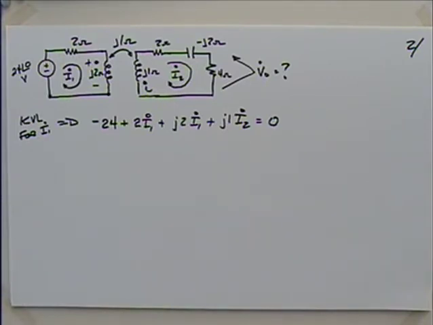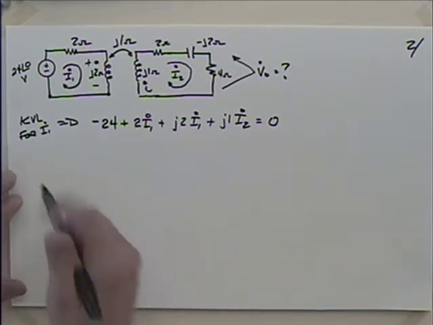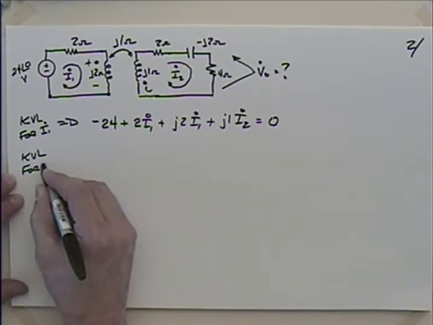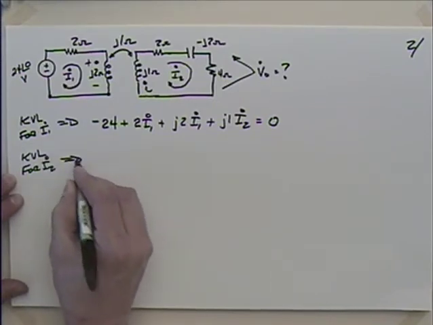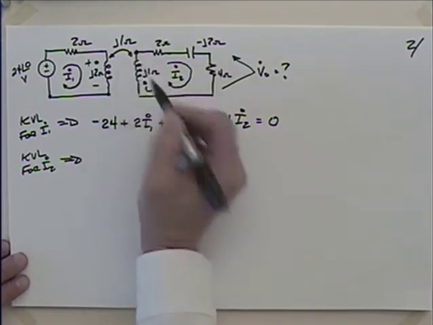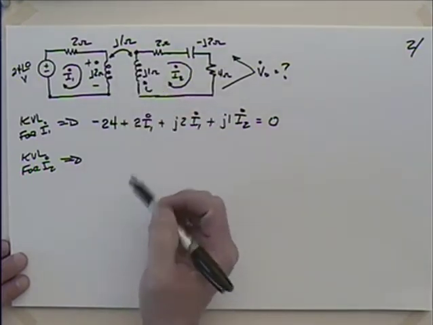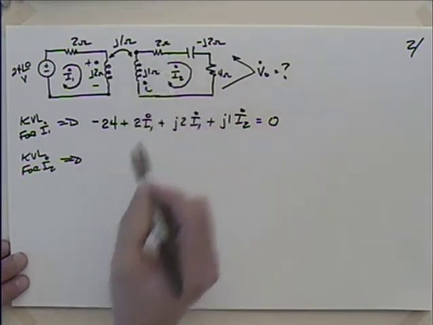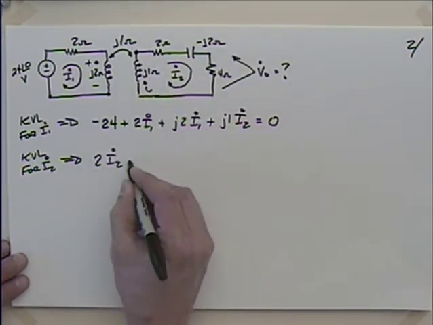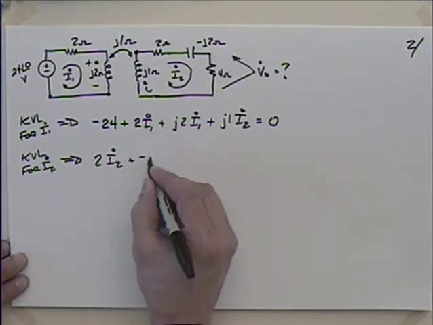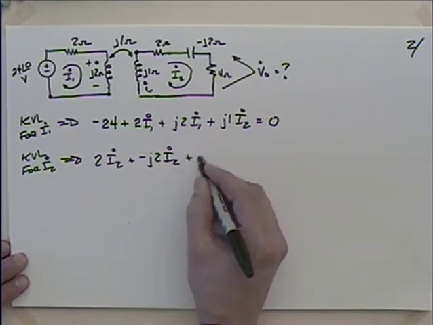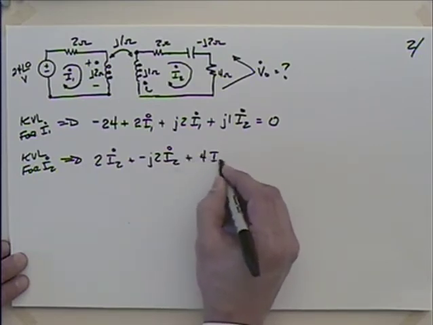So as nice as that equation is, it has two unknowns, I1 and I2. So what do we do? Kirchhoff's voltage law then for I2, right? So I start working my way around here. Maybe I'll start up here at that point, and we move around here. So I'll have 2 times I2 plus a minus j2 times I2 plus 4 times I2.